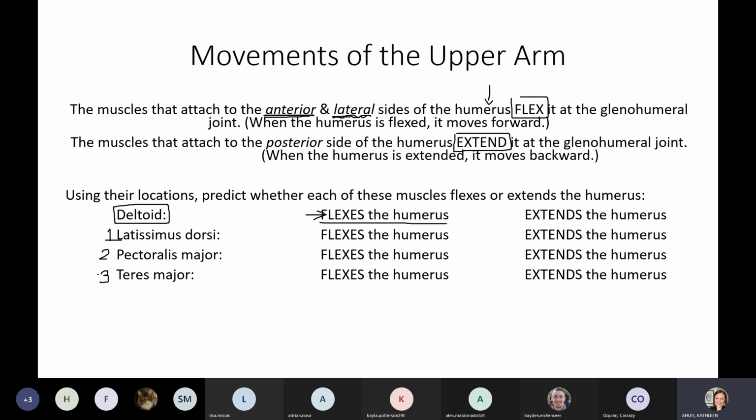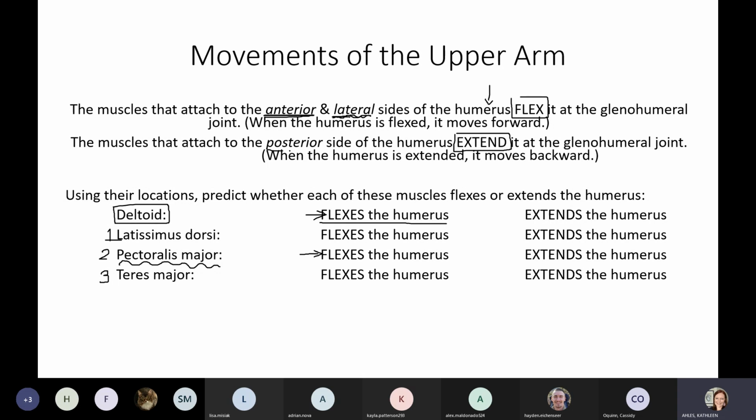Latissimus, pectoralis, or teres major? Who lives on the front? Yeah, Lisa's right. The one of those that lives on the front is pectoralis major. That's the big muscle in your chest, the pecs. So my other muscle that helps me to pull the humerus forward is pectoralis major, because it's attaching to the humerus on the front side of the humerus.